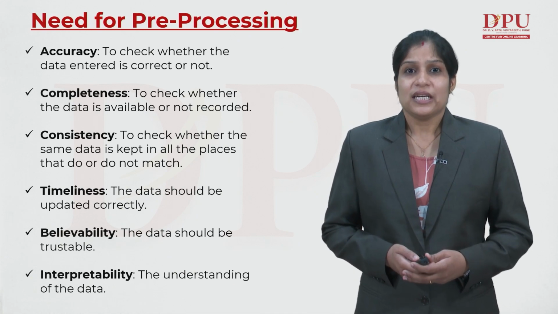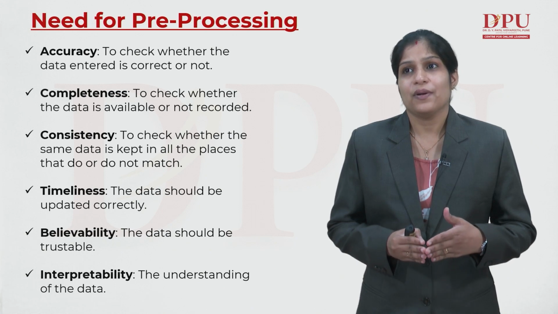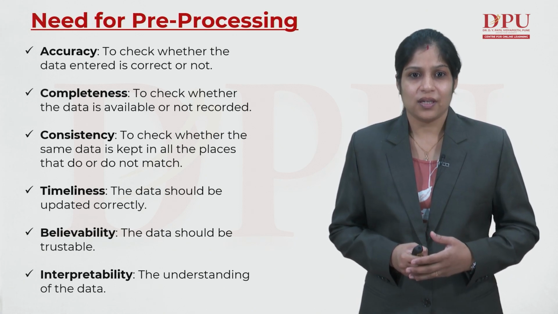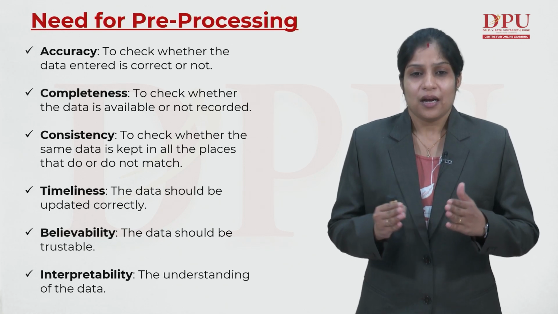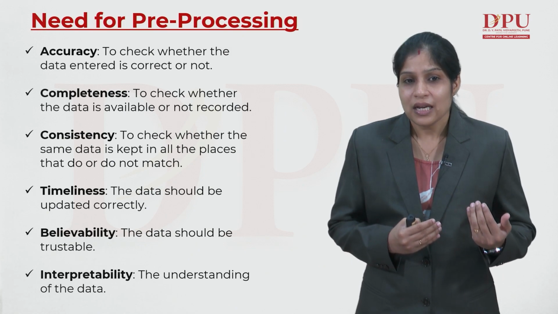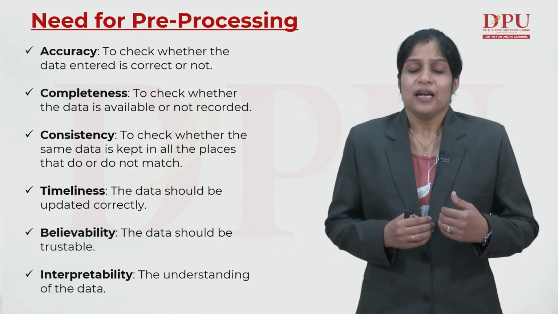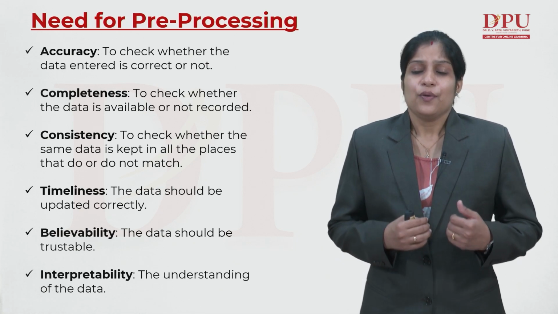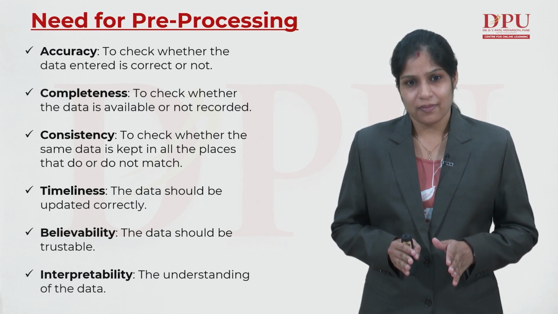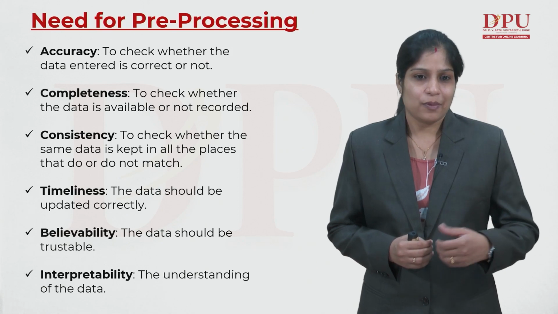Now coming to the need, why we need preprocessing. The very first is we want our data to be correct. To ensure that, we do preprocessing; our data should be available, and we have to check whether our data is complete or not. Next is consistency, which checks whether the data at all places is the same, and also that it is updated correctly, that is timeliness.